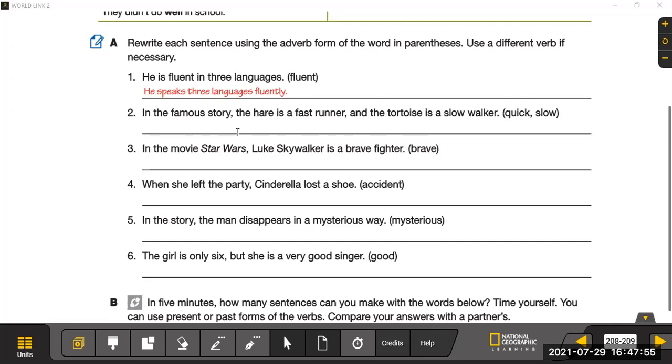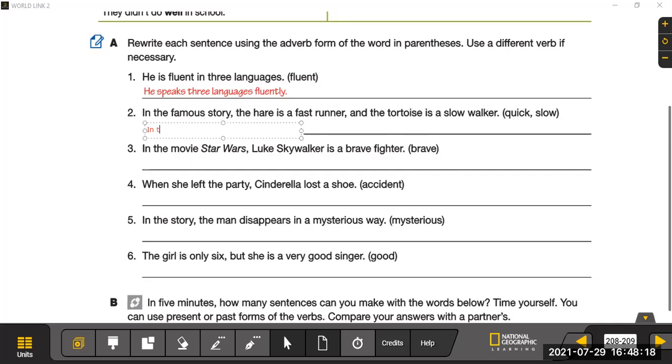Maciel. Bueno, I think the hare is a fast, quickly runner, and the tortoise is a slowly worker in the famous story. Okay, again. Tell me again.